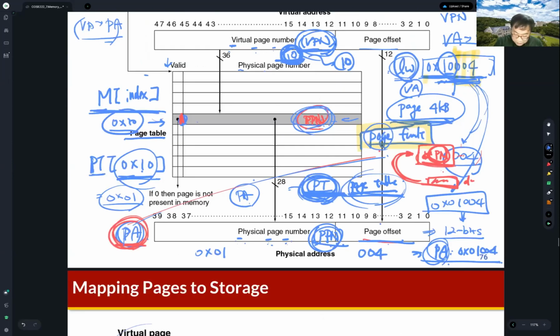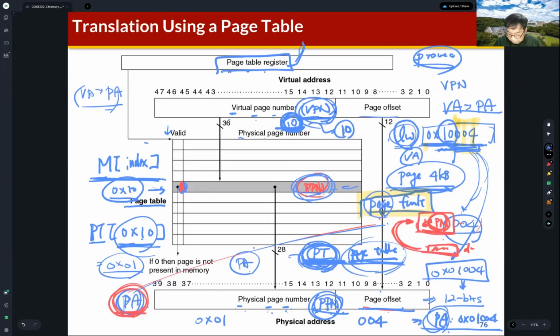But what is the issue with page table access? As I mentioned, the page table is a software data structure.